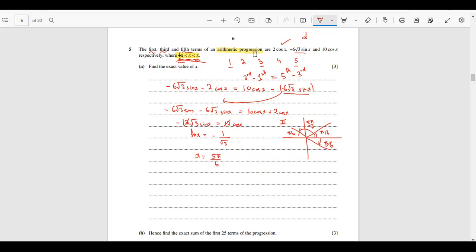It is an arithmetic sequence, so please make sure that you use the correct formula for finding the sum. I'll write down the formula.